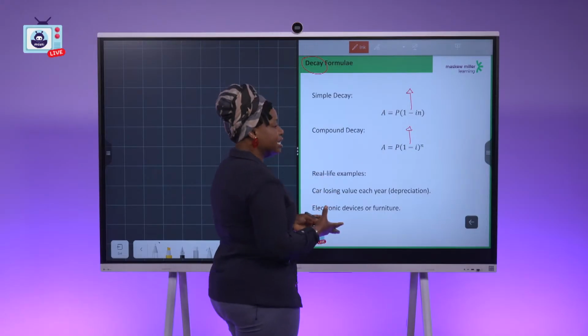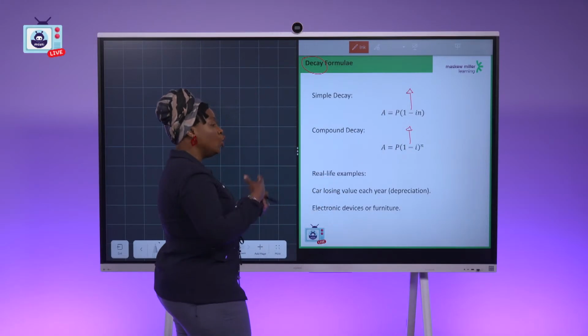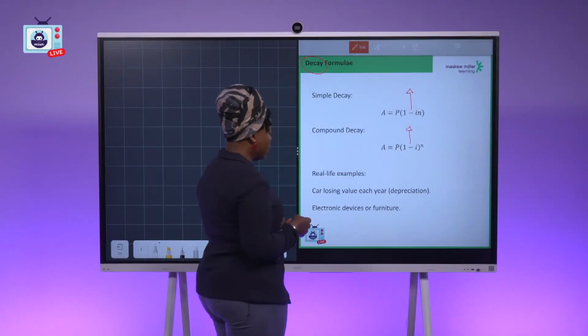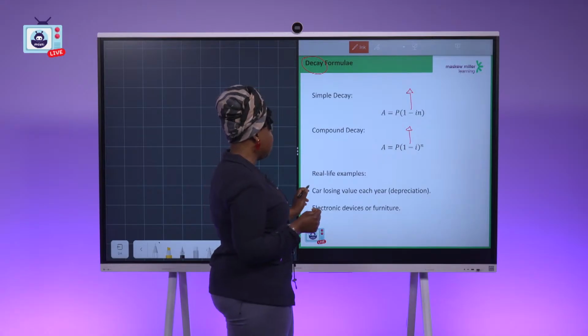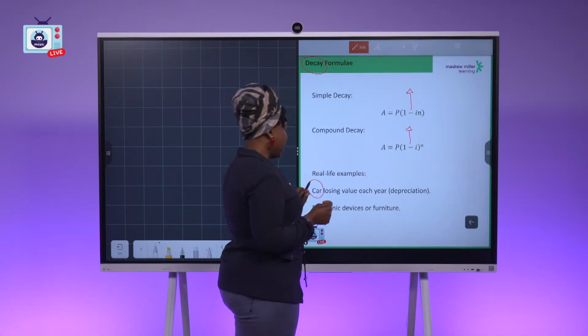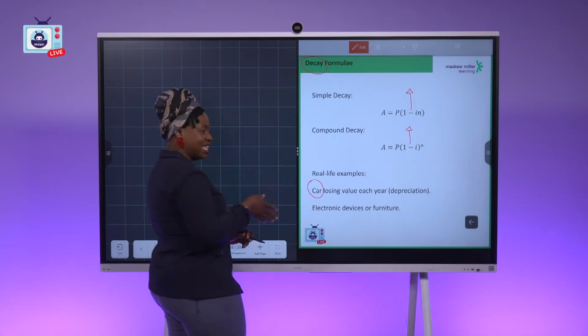So in most cases, it will be used for things that lose value. Like your phone. If you buy it for like 2,000 today and you want to sell it tomorrow, that is not going to be 2,000 anymore. So that is an example of where we use compound and simple decay in comparison to the one that we use for growth, right? So the real life situation, it can be the car, for example. A car loses value every single day.